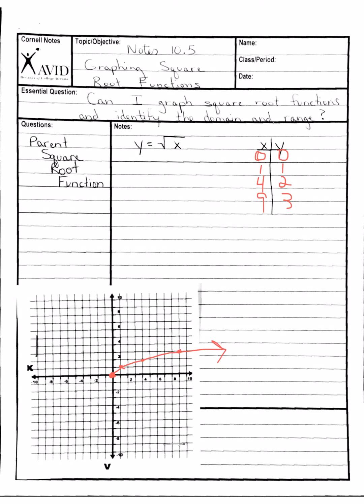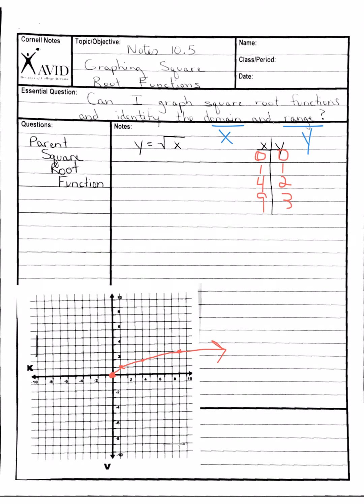Now, I want to talk about, because it also says to identify what we call the domain. That's your x values, and the range, which is your y values. Let's talk about what kind of x values did we put into our equation here. Our domain here is our x values are going to have to be greater than or equal to 0.